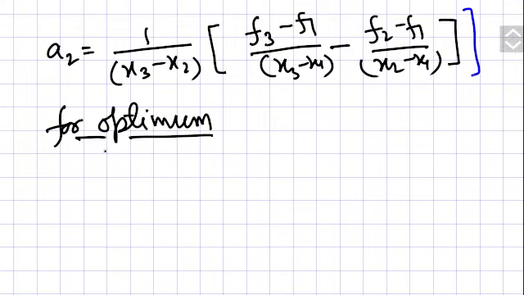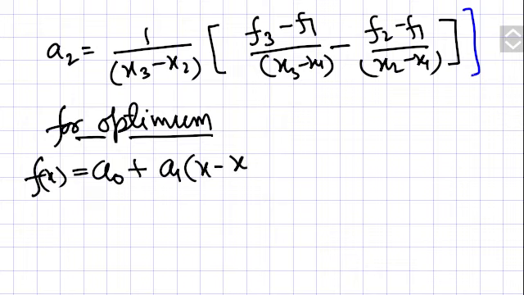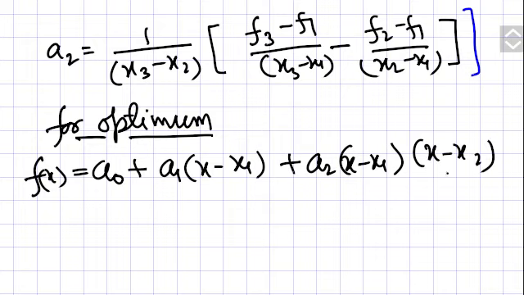Optimum means minima or maxima. Now the function is known to you because all the constants have been evaluated with the help of the formula, so you can write the function here. Now for maxima and minima, you differentiate it with respect to x and make it equal to 0.